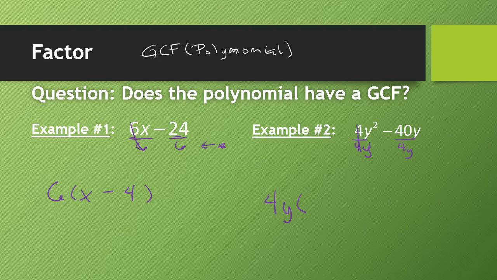A y squared over a y to the first leaves me with a y. Bring down my minus. 40 divided by 4 is 10, and y over y reduces down to 1. Now, this is a little math magic here, but you could technically check this by the distributive property. So here we get 4y squared, 4 times 10 is 40y, and that should match your original problem.